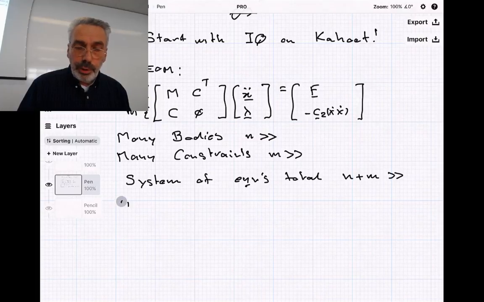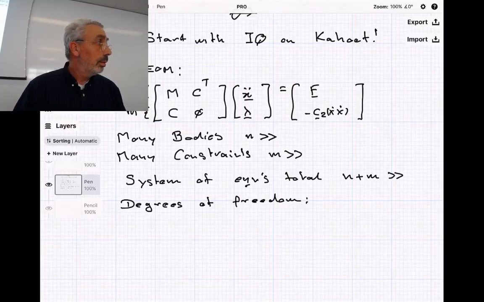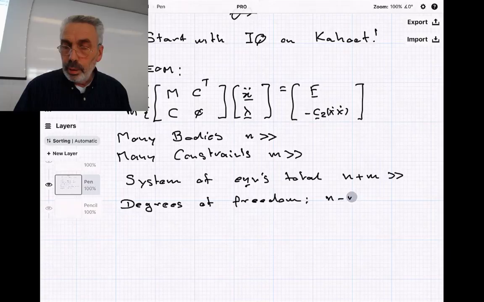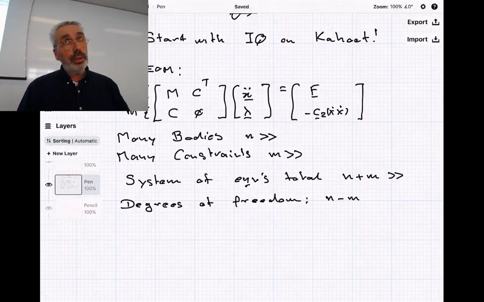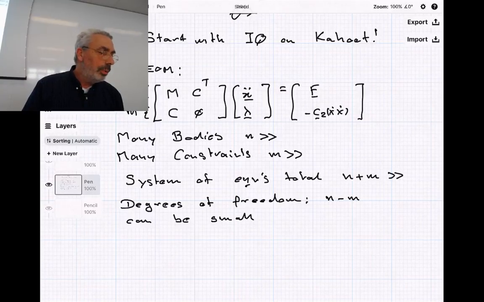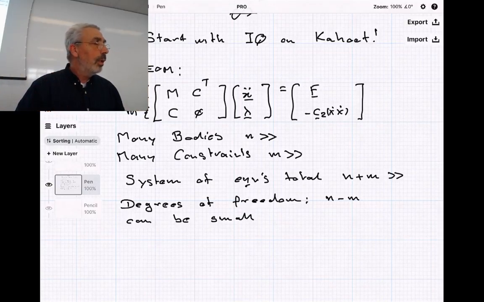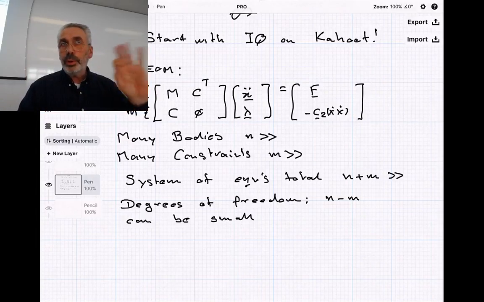Whereas the degrees of freedom, how many do we have for such a system? n minus m. So although n is large and m is large, n minus m can be small. And then the idea is, instead of writing our equations of motion within this large set of coordinates for the rigid bodies, together with all these constraints, why don't we identify a number of coordinates that can describe the motion of the system.